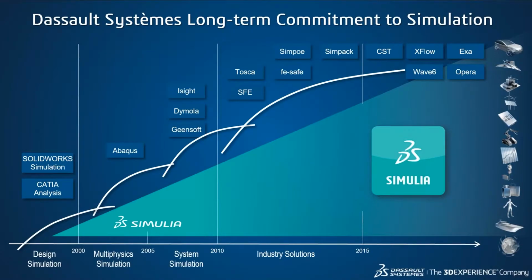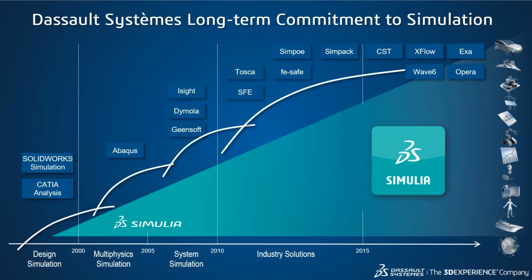Now, Dassault Systems has a long-term commitment to simulation. Again, I'm not going to go through all these different companies that we have acquired throughout the years. Obviously, Dassault develops a lot of software internally as well, but it is a combination of developing software internally as well as acquiring companies that are well-known and specialized in a particular area.